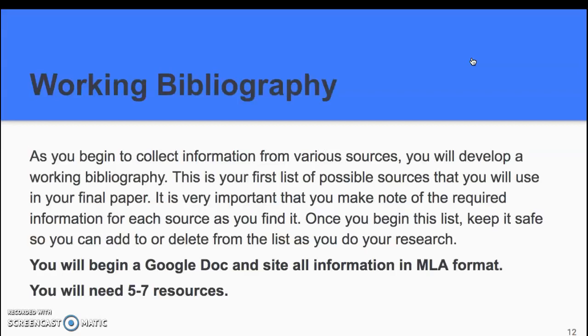So as we start looking at our different sources and we've evaluated them, we've made sure that they are good, valuable resources, we want to have a working bibliography page or a works cited page. It means the same thing. For that, and this is where your next assignment will come in, the next step in our process is we're going to create a Google Doc. For right now, you are just going to put the URLs in there.